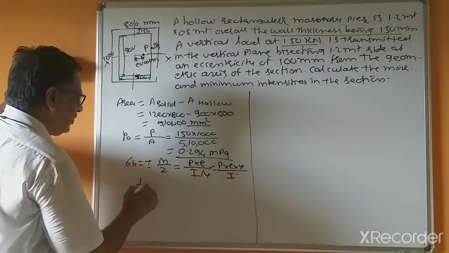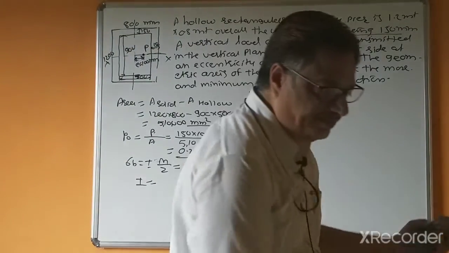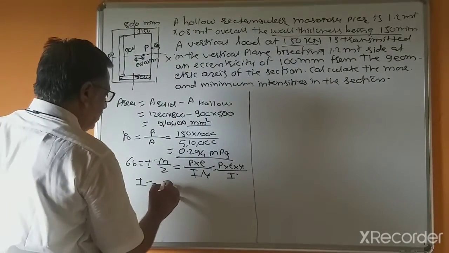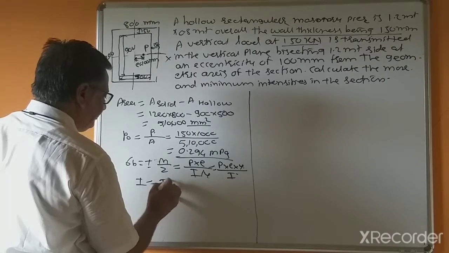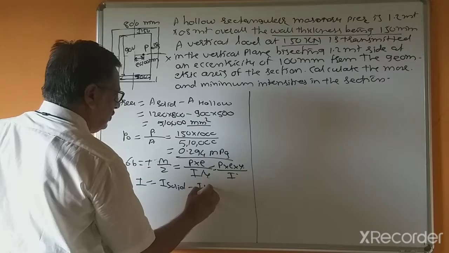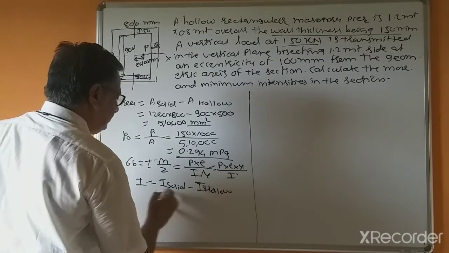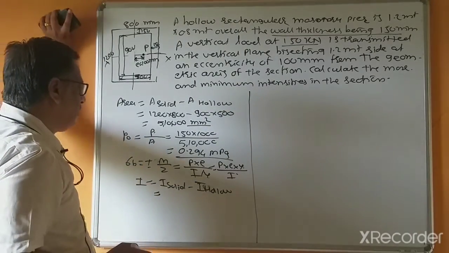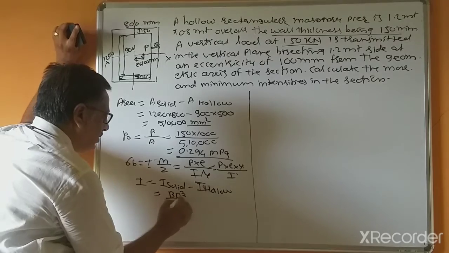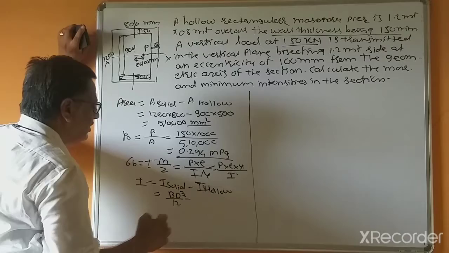So first we will calculate the moment of inertia. In this case, solid moment of inertia minus hollow moment of inertia. Solid equals BD cube divided by 12, because the centroid axis passes through the centers.